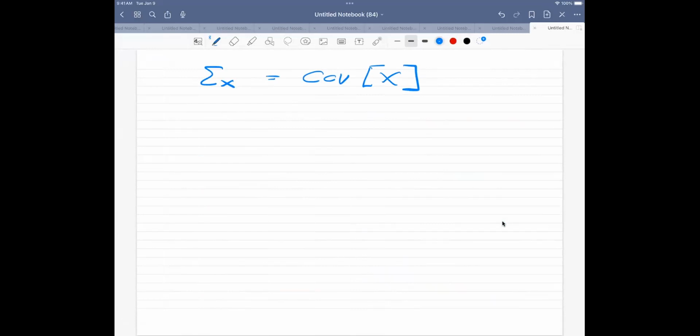And what we found last time is that the eigenvalues and the eigenvectors of this matrix sigma x, when you diagonalize it, so that means that we would simply take a unitary transformation or an orthogonal transformation, and this will become a diagonal matrix, which we call sigma y.